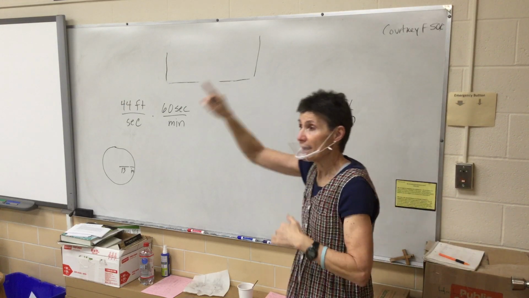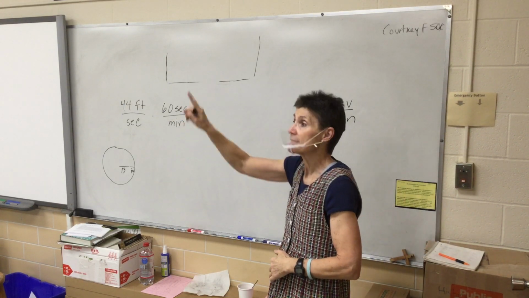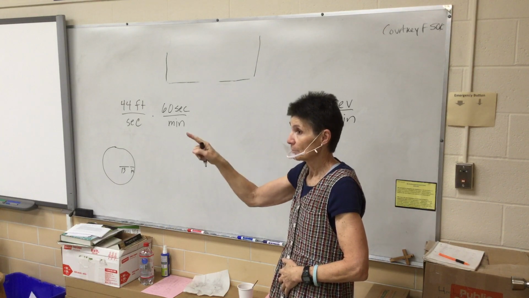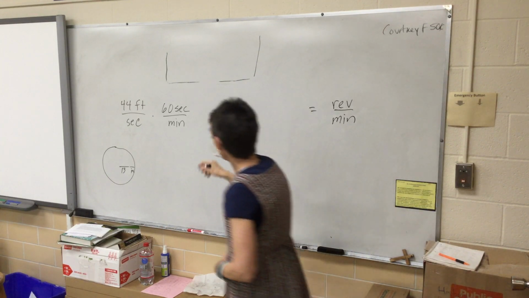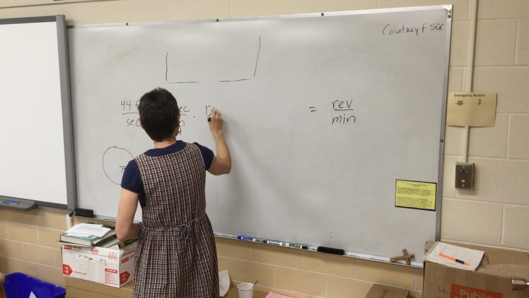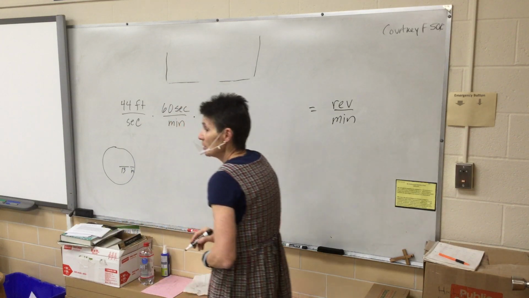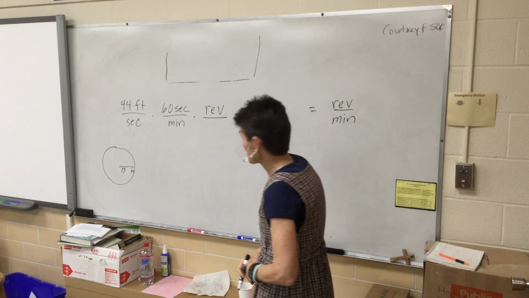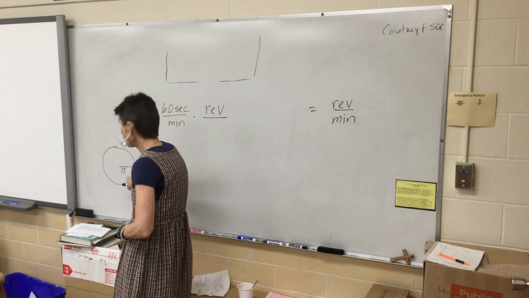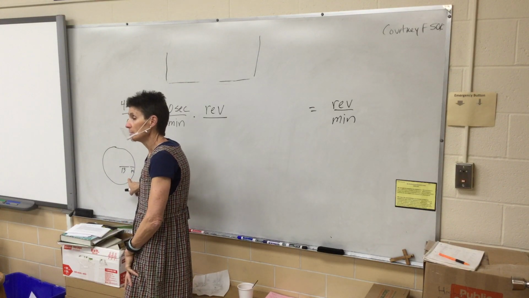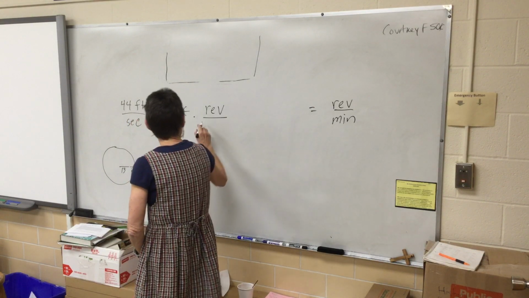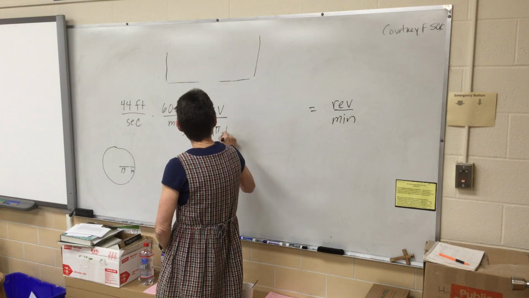Now remember, a revolution is a circumference, right? So one revolution will be a circumference. Well, what is the circumference of this wheel? 26 pi inches.